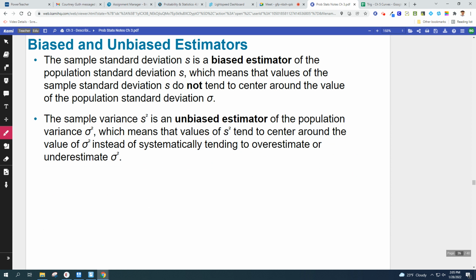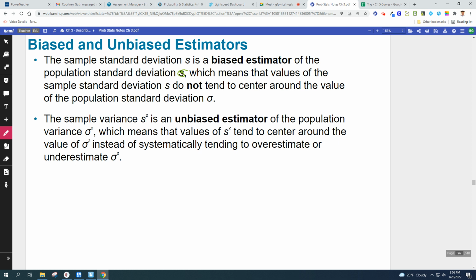Last slide, biased and unbiased estimators. I'm going to need to read this slow, probably read it a second time. The sample standard deviation s is a biased estimator of the population standard deviation sigma, which means that the values of the sample standard deviation s do not tend to center around the value of the population standard deviation, okay?